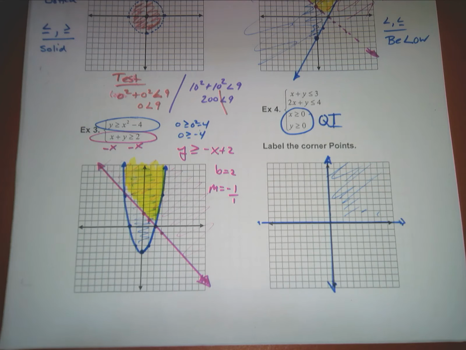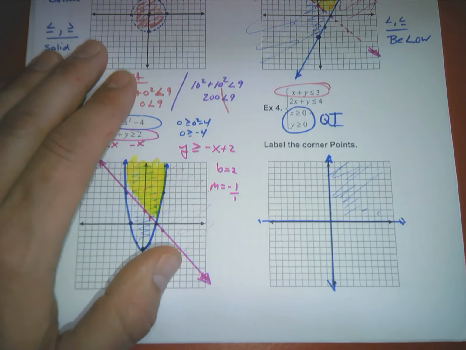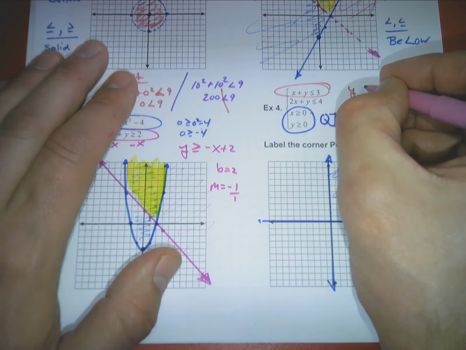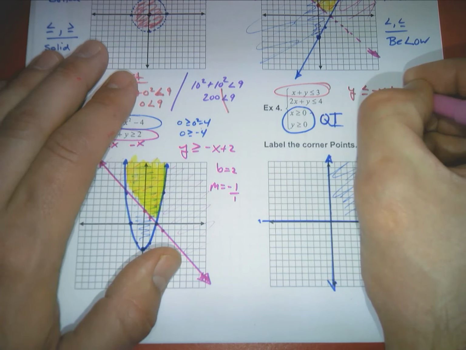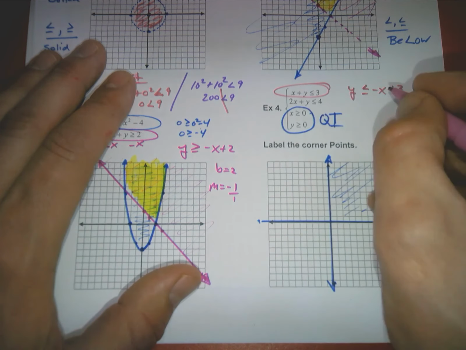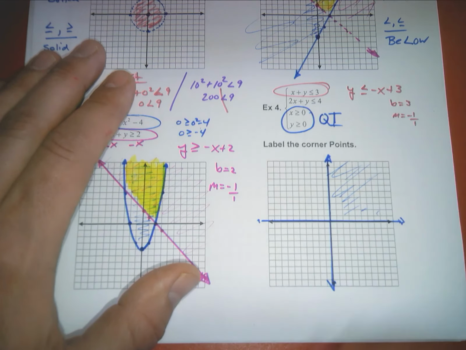Well, now I'm going to graph these other inequalities, and we're going to find out what shape I get. So I'm going to go ahead and subtract that x over, and I get y is less than or equal to negative x plus 3. So I put my pencil on the b. My b is 3, and my slope is, again, negative 1 over 1.